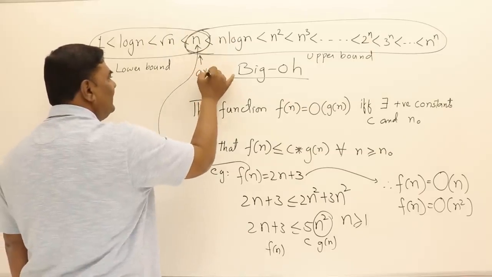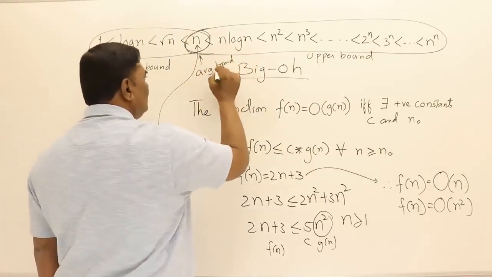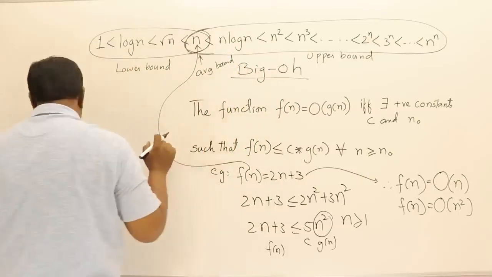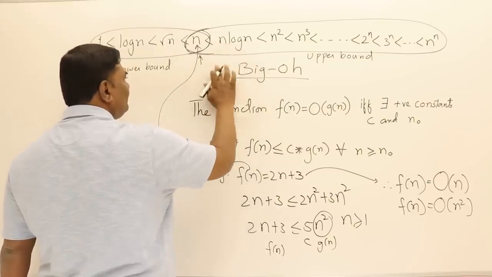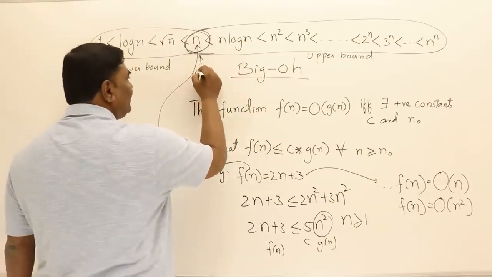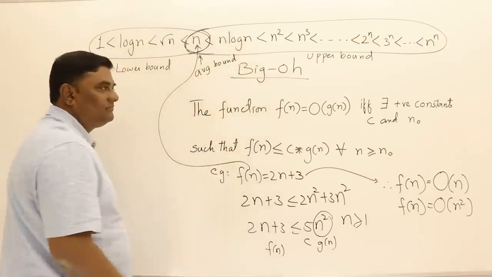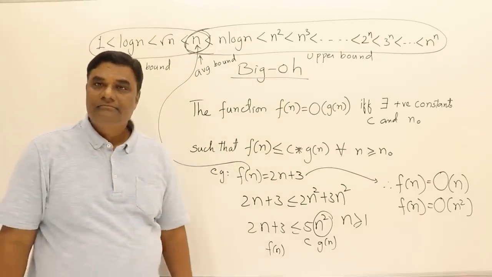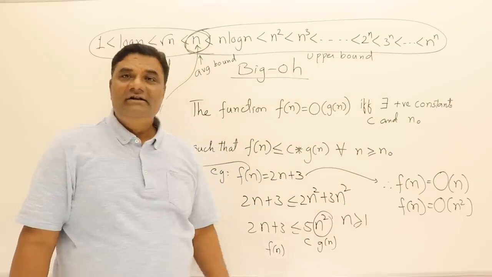This becomes average bound. That's it. All those functions I can write as upper bound.